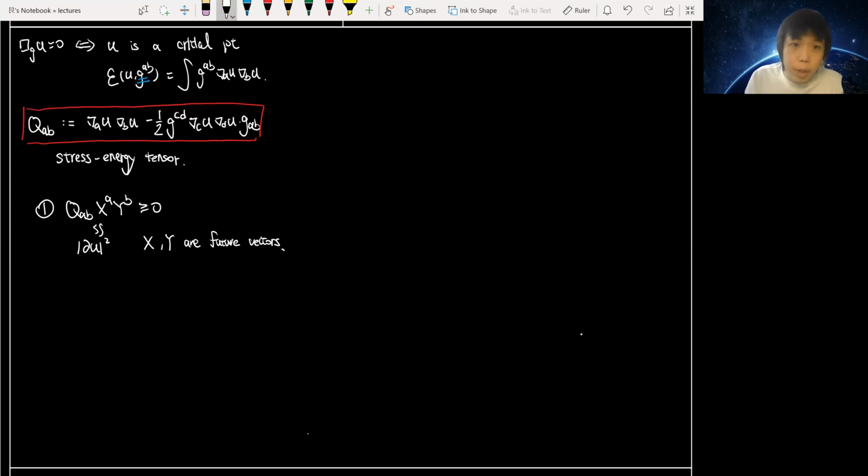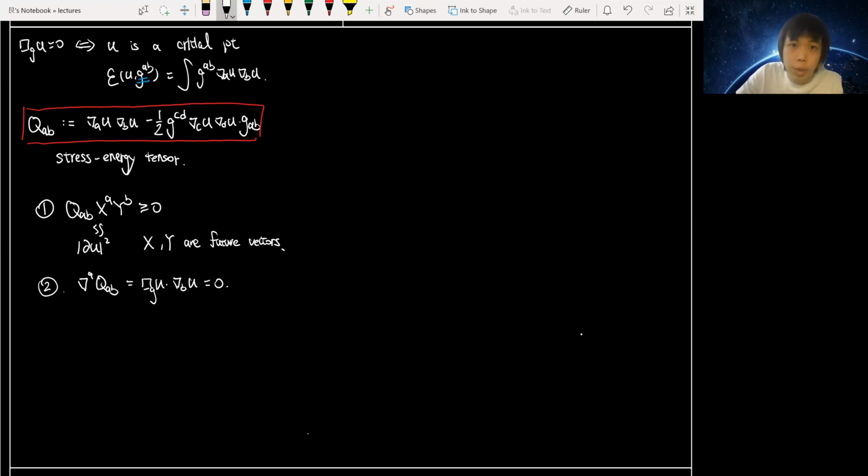So it satisfies the energy condition. Second, it is divergence free. Once we take the divergence of Q, we see the box hits u times gradient u, provided box u equals 0, this will give us 0.